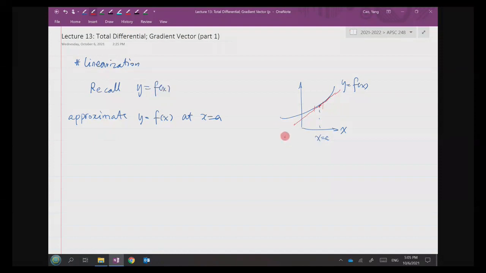And this line is y equal to f of a plus f prime of a times x minus a. So this is basically the line equation there.